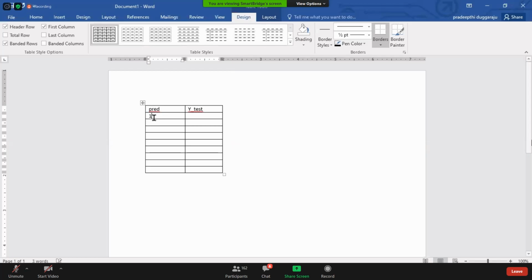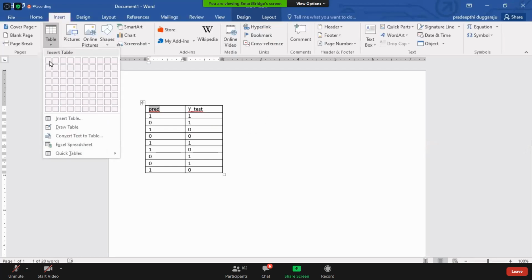My predictions are like 1, 0, 1, 0, 0, 0, 1. So these are the Y test values, and these are the Y pred values. Now, the confusion matrix is formed like this.